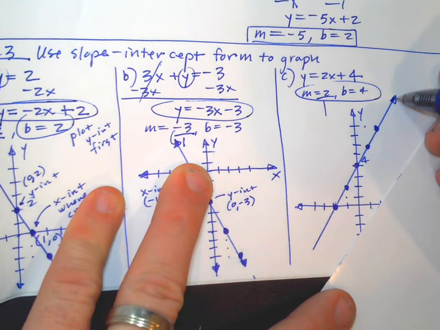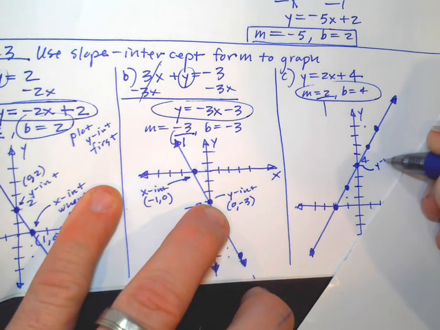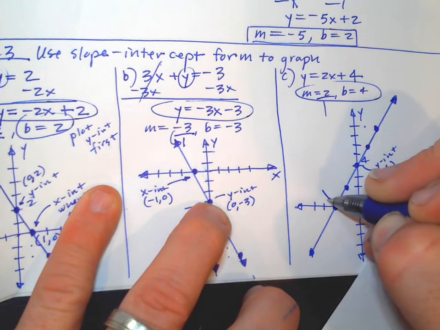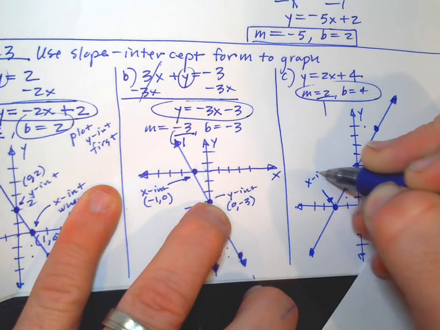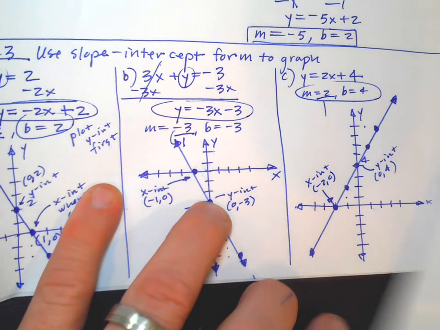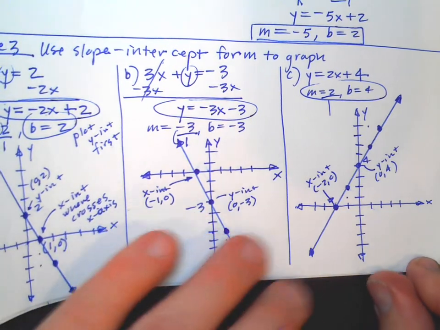Arrows on the ends. This is the y-intercept of 4, or (0, 4). This is the x-intercept, (-2, 0). So that's how you graph lines using slope-intercept form.